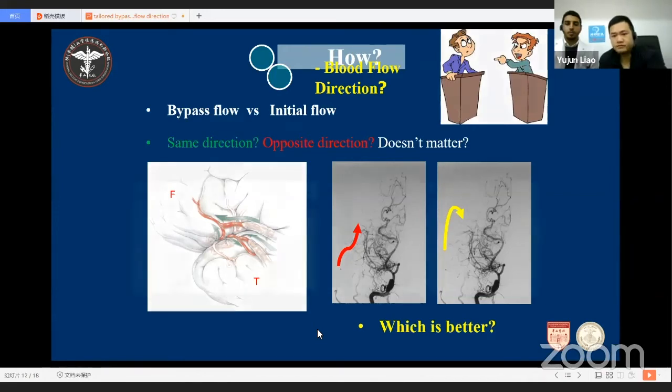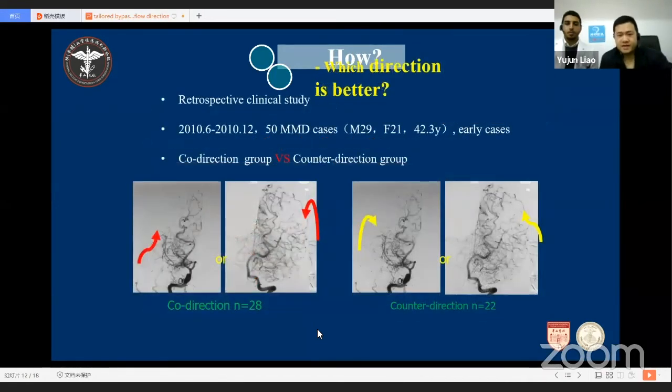We also conducted a retrospective study of our early cases, and we enrolled about 50 moyamoya cases from around 10 years ago. After chart review and review of the angiogram, we divided the cases into two groups: co-direction and counter-direction.